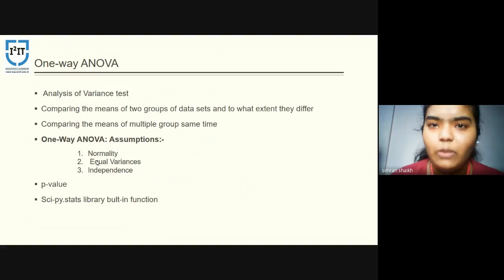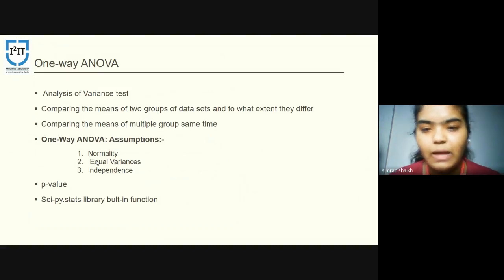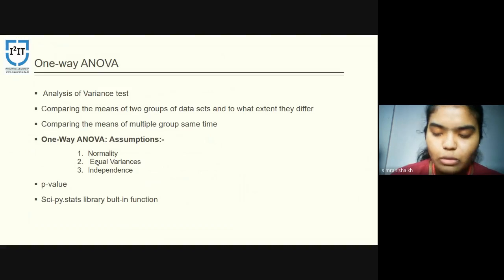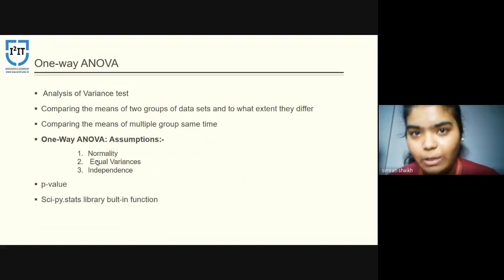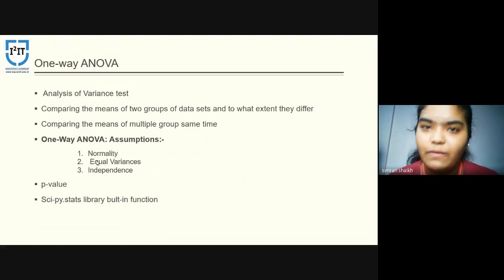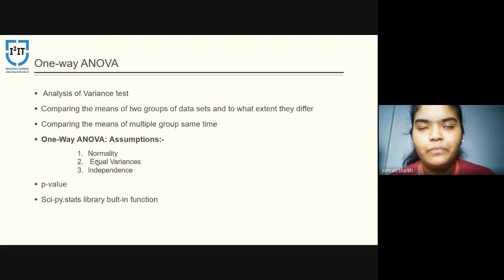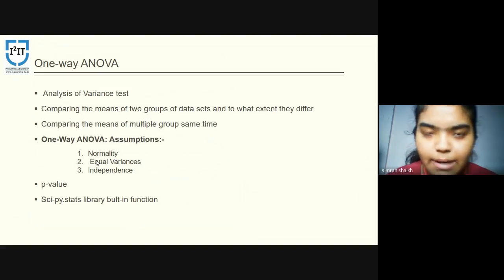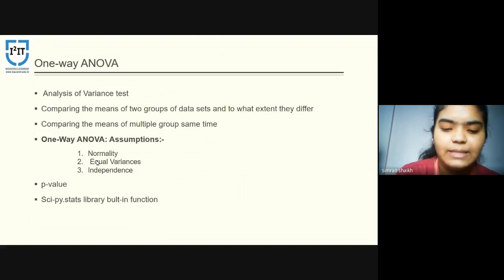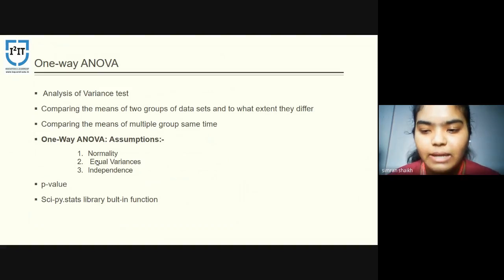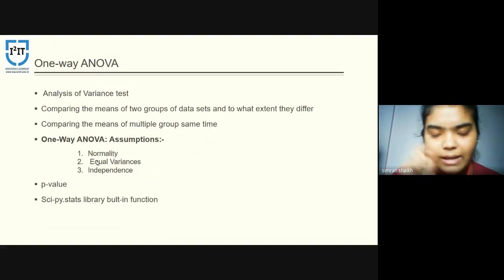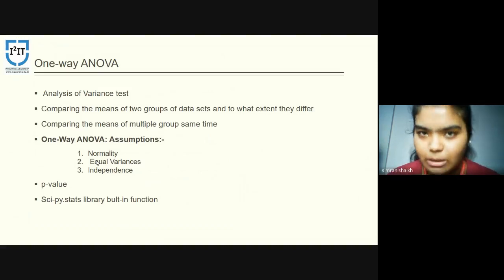But I can tell you about the p-value. If the p-value is less than the significance level that you have chosen, for example in the test preparation case I gave before, if I take 0.05 and the p-value is less, then you can reject the null hypothesis and conclude that at least one of the population means is different from the others.